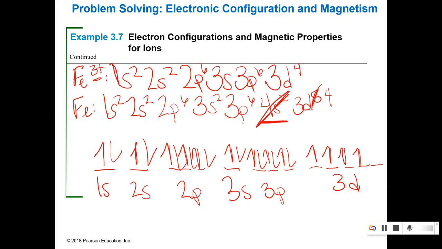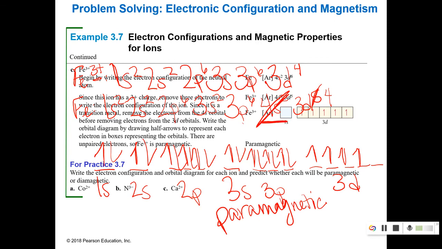I do want to be very clear that notice we've got this empty one, but you still have to write that empty one because D could hold 5 orbitals or 10 electrons. Okay, you have to draw them all out. So this one is paramagnetic because it has those unpaired electrons.